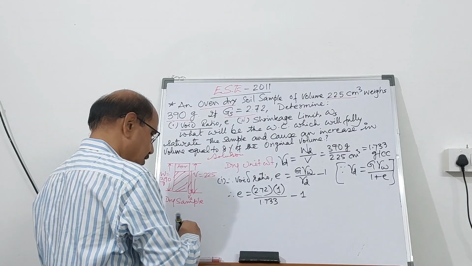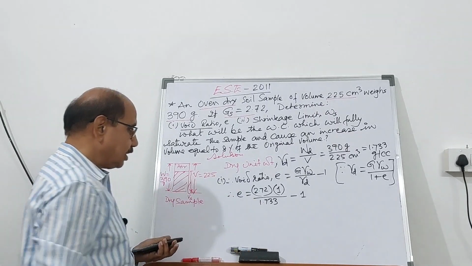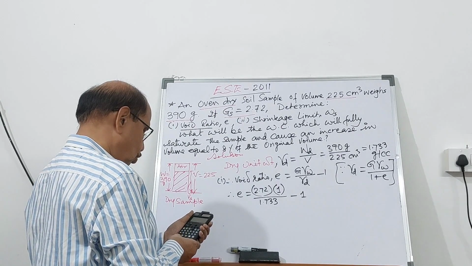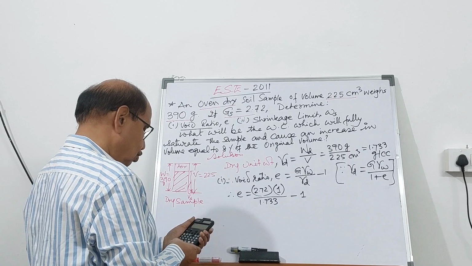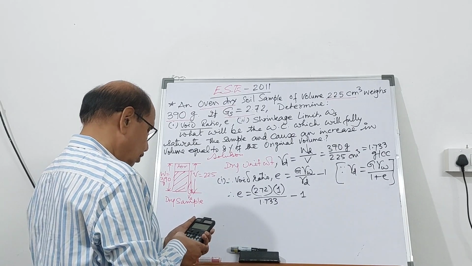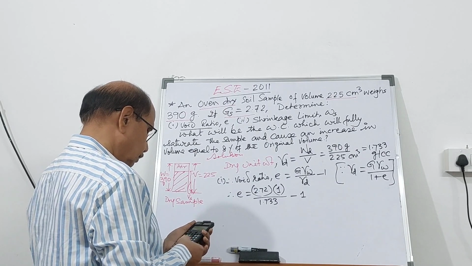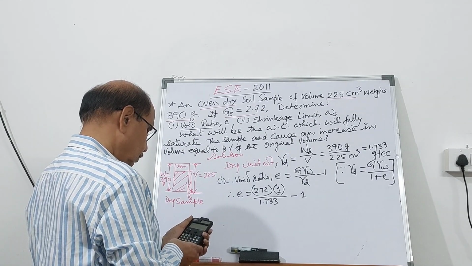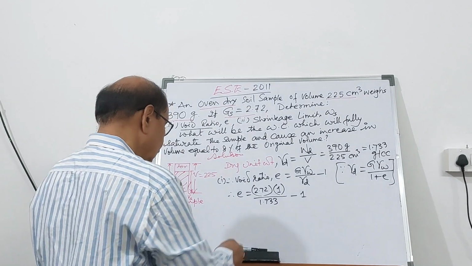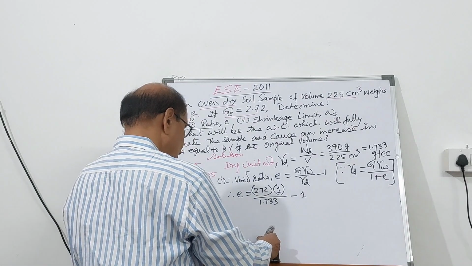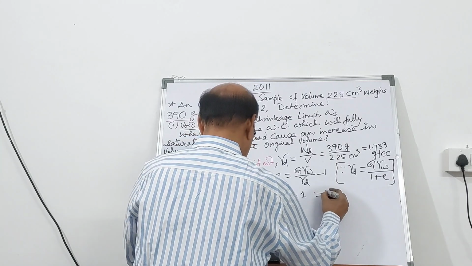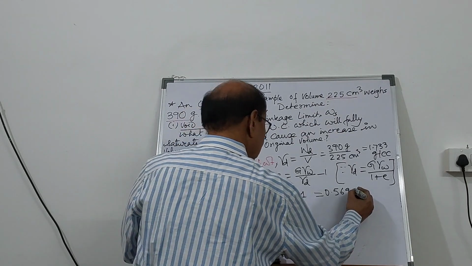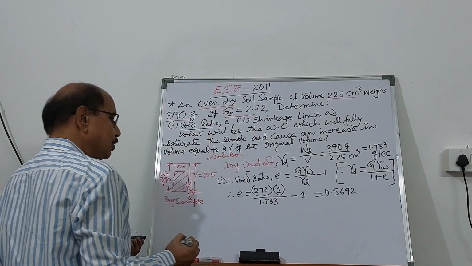If you calculate this, you get 0.5692. This is the void ratio.